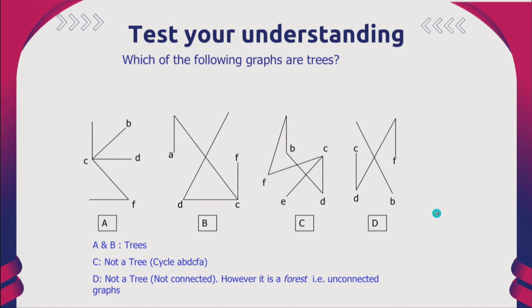And when you think of D, there is no continuity; it is actually 2 disconnected trees. Just because they are disjoint trees, we can call them a forest, but D is not a tree.